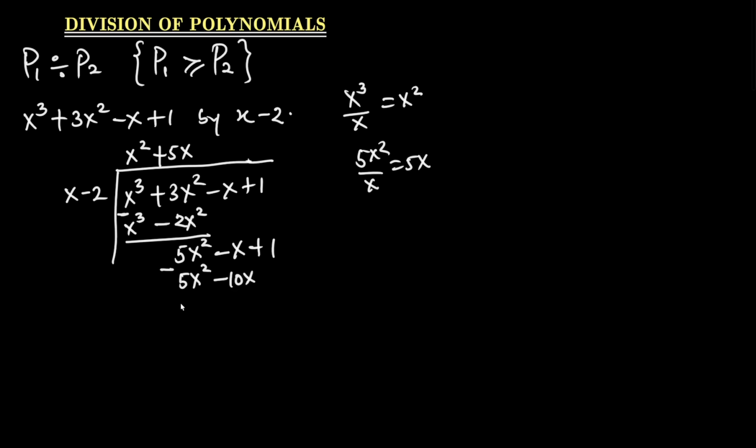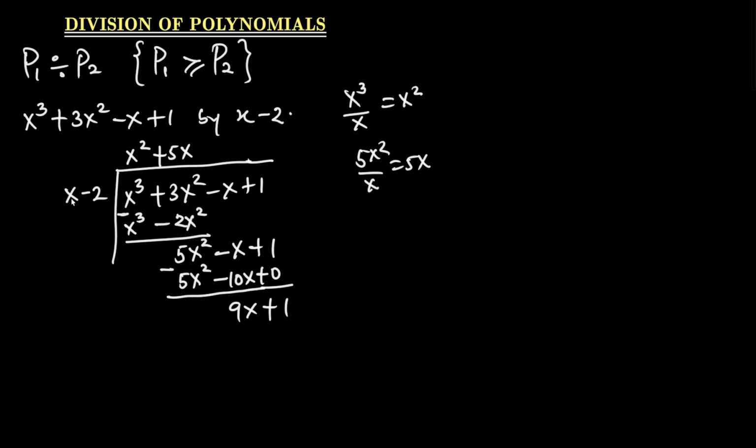You subtract again. So when you do that, 5x squared minus 5x squared gives 0, and negative x minus negative 10x is going to be 9x. And then 1, there seems to be no other number, so we can fit 0 there. It's going to be plus 1.